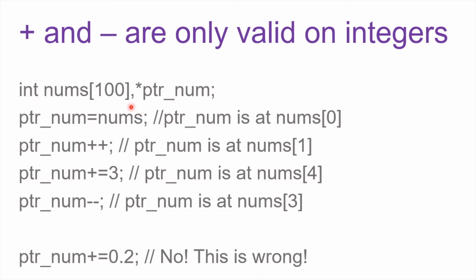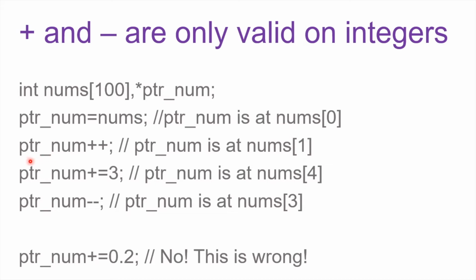So that means there are small offsets of the addresses of those member variables. So here we're setting it to the starting position of that array. That means the address of nums0.